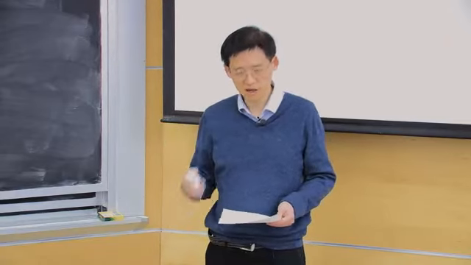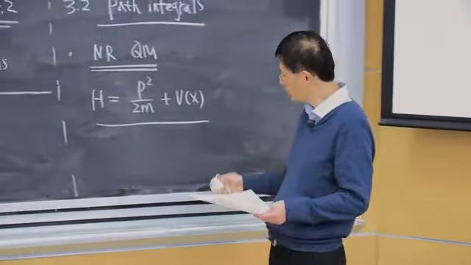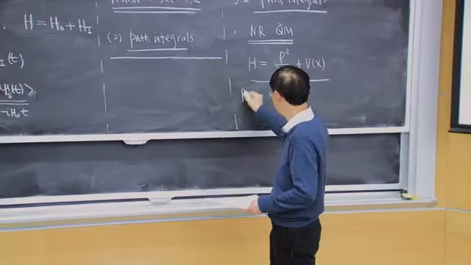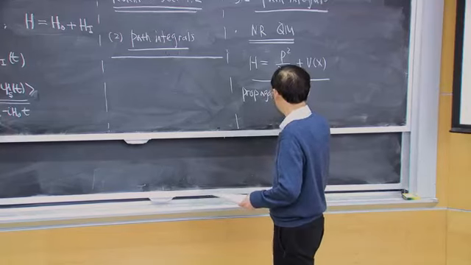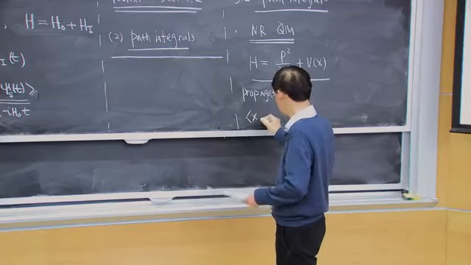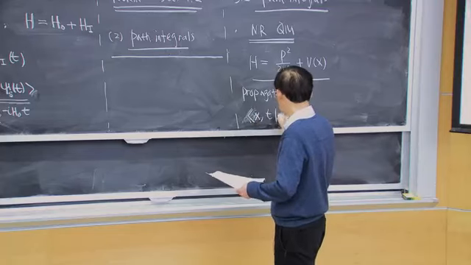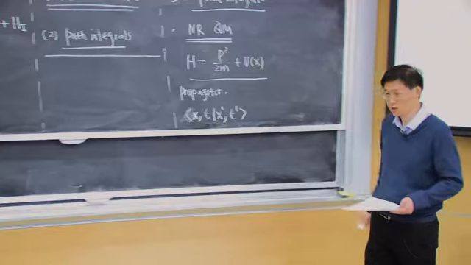The object which the path integral is most convenient to treat is the propagator we discussed before. This is the object which we defined in the Heisenberg picture.